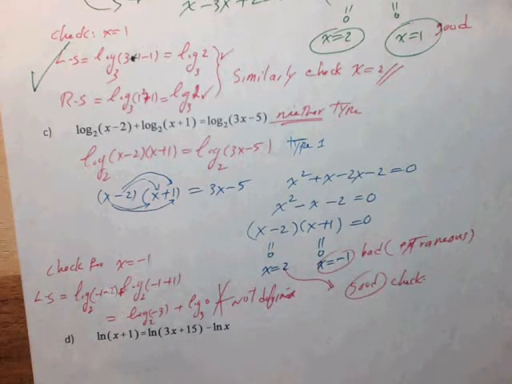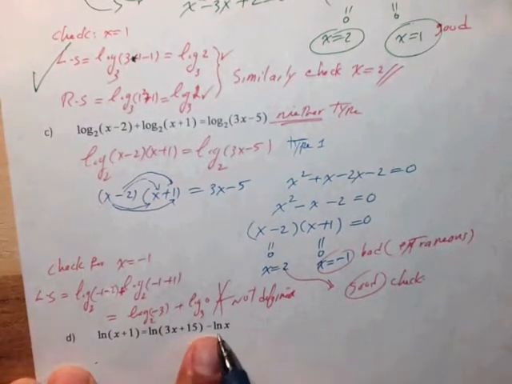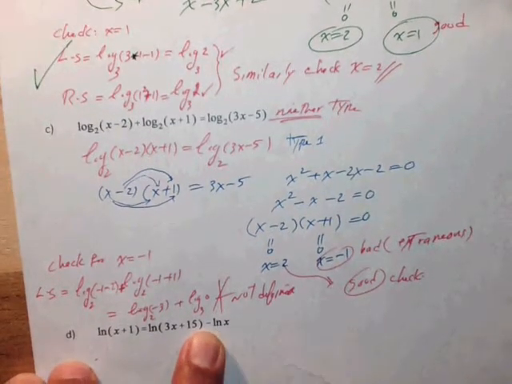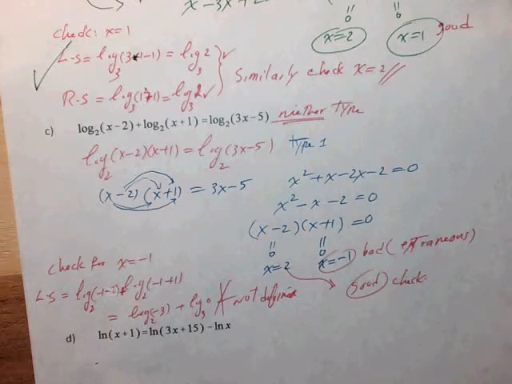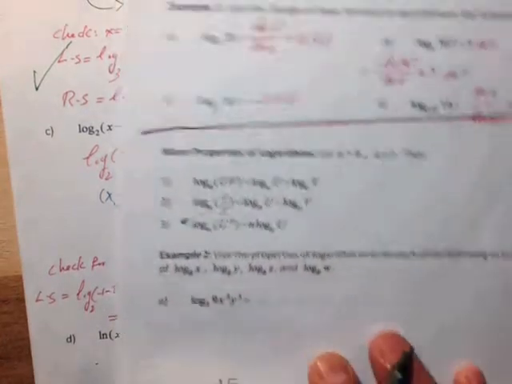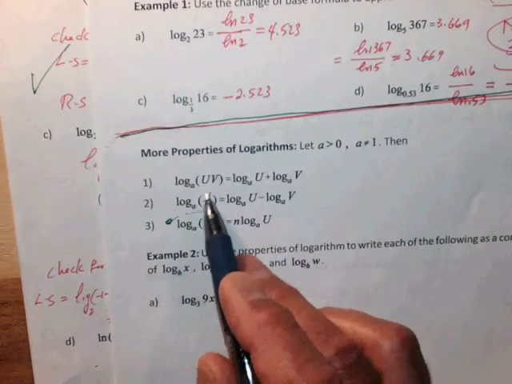And the next one is similar, okay? This is the last example. The first thing you do, because you have subtraction, you use again this formula here. If you have subtraction between the logs, then you write it with one log and you divide them.